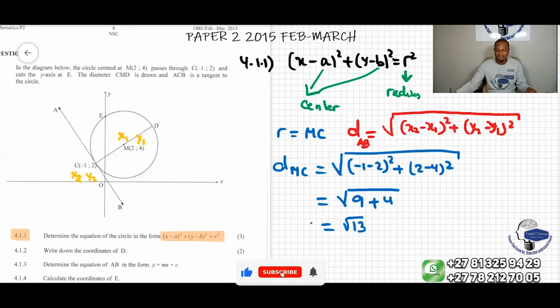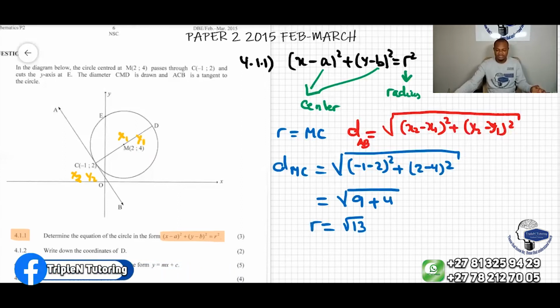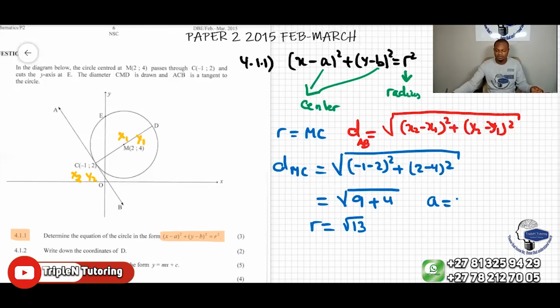So that's the radius, and then a and b are the coordinates of the center. So a is 2 and b is 4.